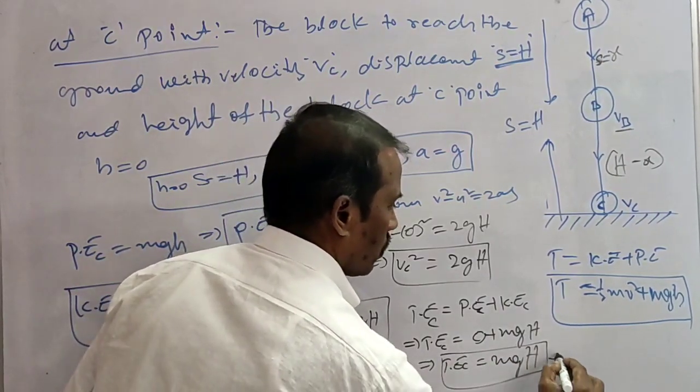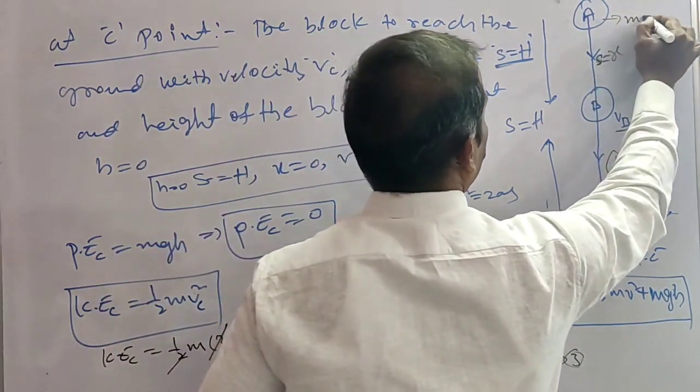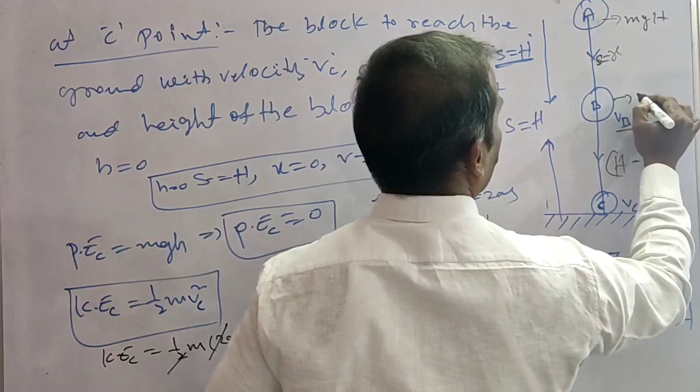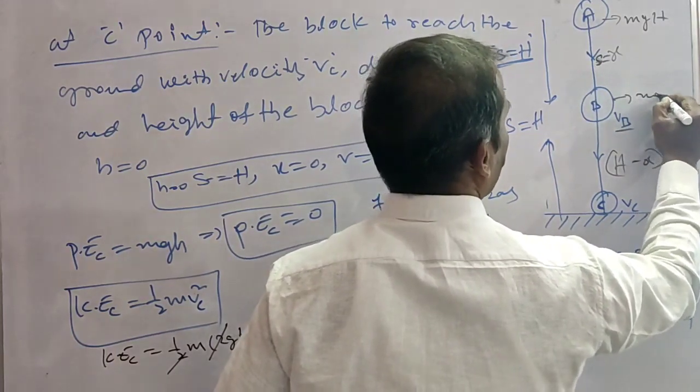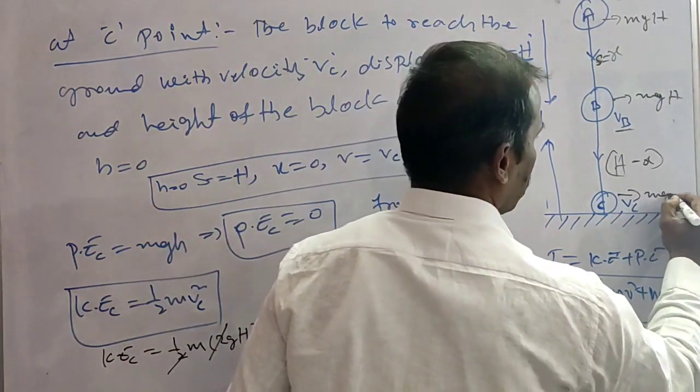This is equation 3. Equation 1 gives mgh, equation 2 gives mgh, and equation 3 gives mgh.